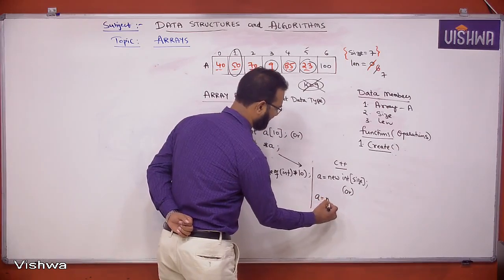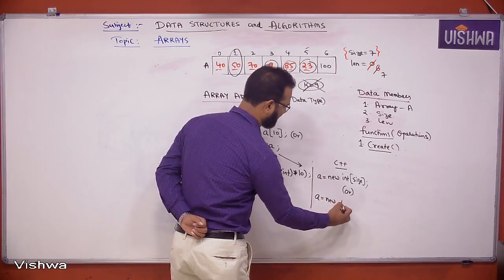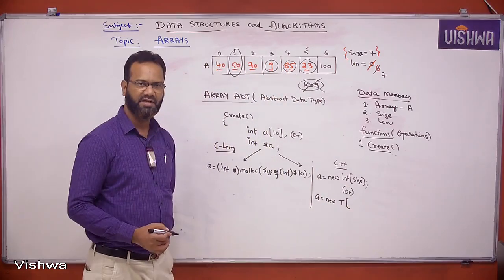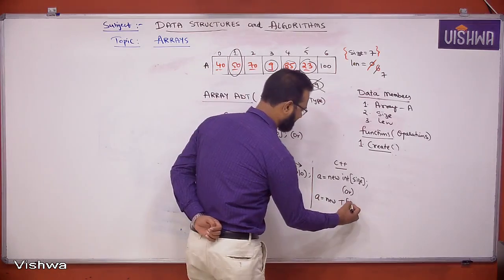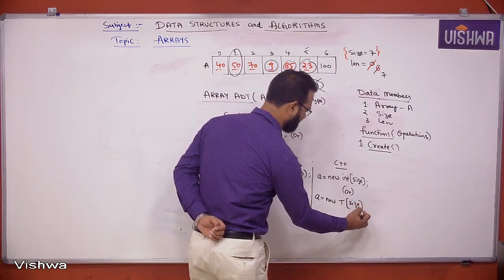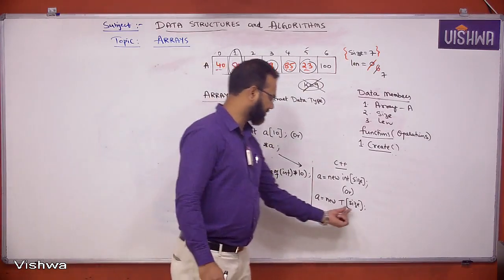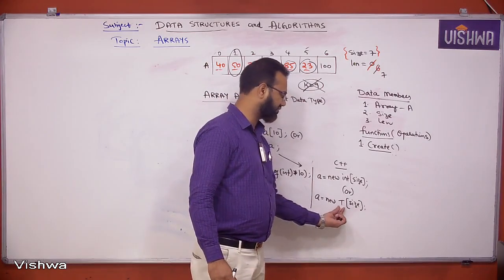A, name of the array, new operator is used for allocating the memory. Instead of saying int, I can use a template name T that can specify the type. At runtime you decide what type you are going to specify, and T is going to be a template.